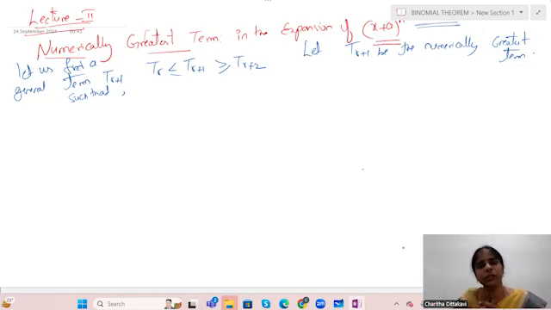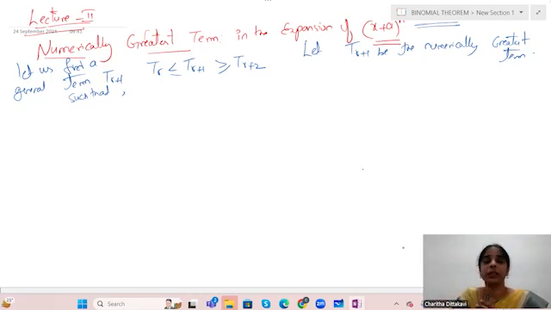But what about the numerical coefficient? See, the numerical coefficient includes the x and a powers also, not just nC0, nC1, nC2, which are all binomial coefficients. So when you apply some values for x and a, obviously your middle term need not always be the numerically greatest term.